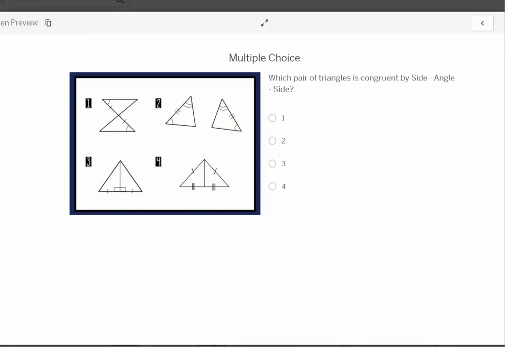Which one is side, angle, side? We're going to look for side, angle, side, and the angle has to be in between the two sides. So this one, number 3, we have a side, then an angle, then a side. So that is number 3 correct there.